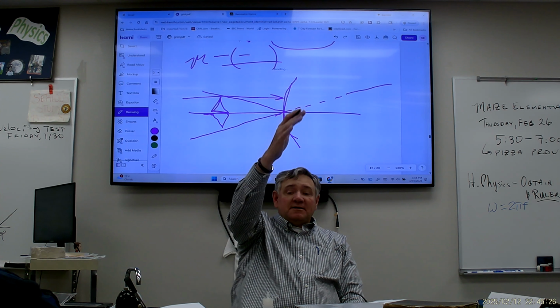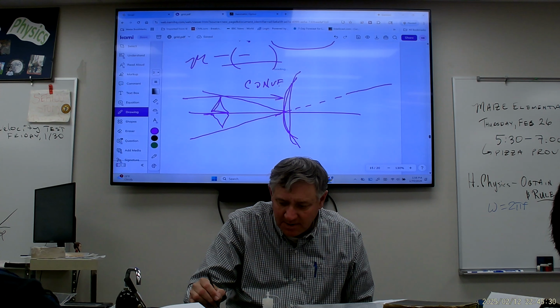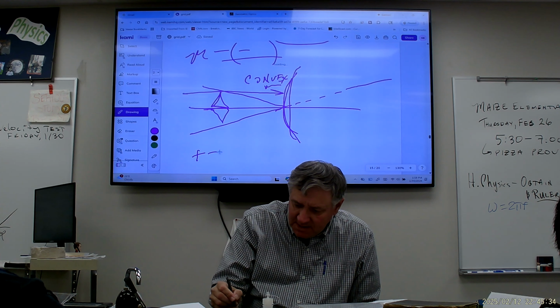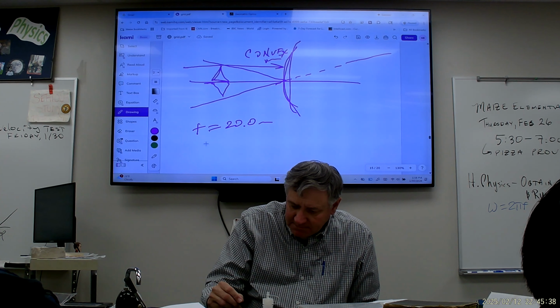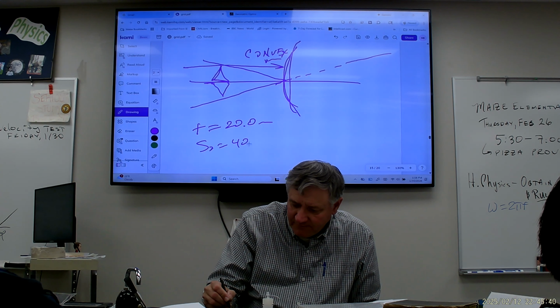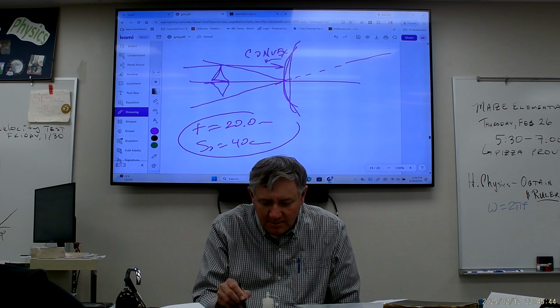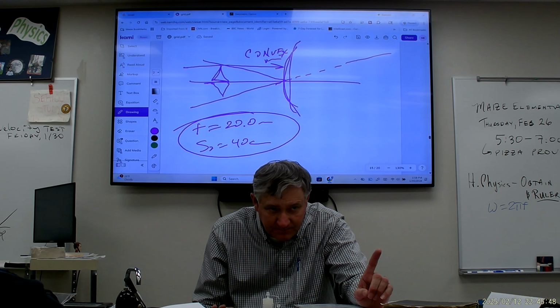So this is going to be a convex mirror. If I let the focal length be 20 centimeters and my object distance is 40 centimeters, is my focal length going to be a positive or negative value? Negative. We're going away from each other.